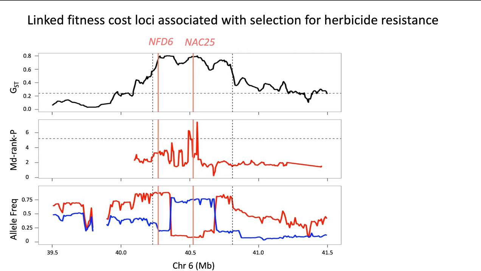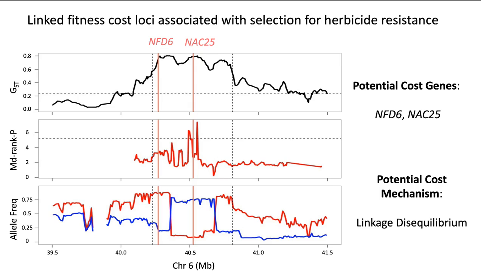So this indicates that this region might play a role in contributing to the lower germination cost observed earlier. Additionally, we also identified that these genes are very closely linked to the resistant alleles we have identified in this region, which potentially indicates the role of linkage disequilibrium in maintaining the cost in this species.